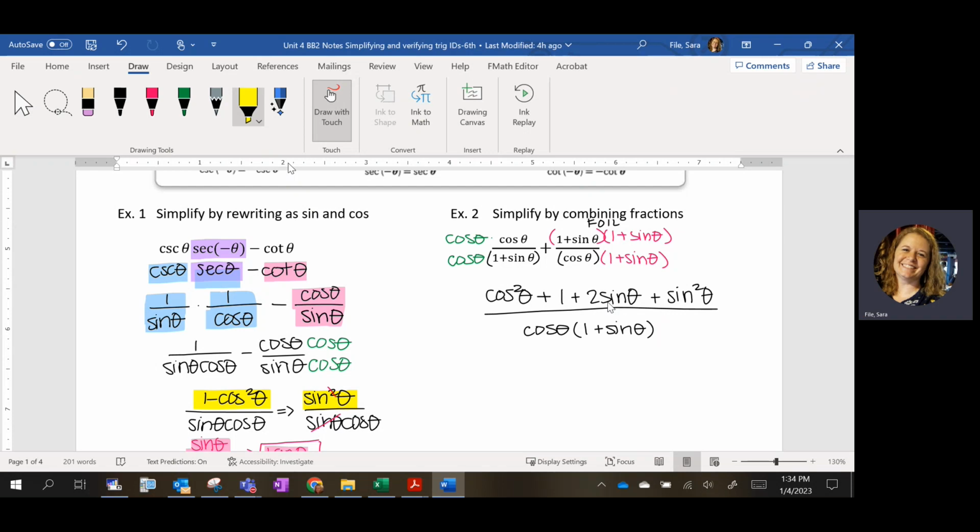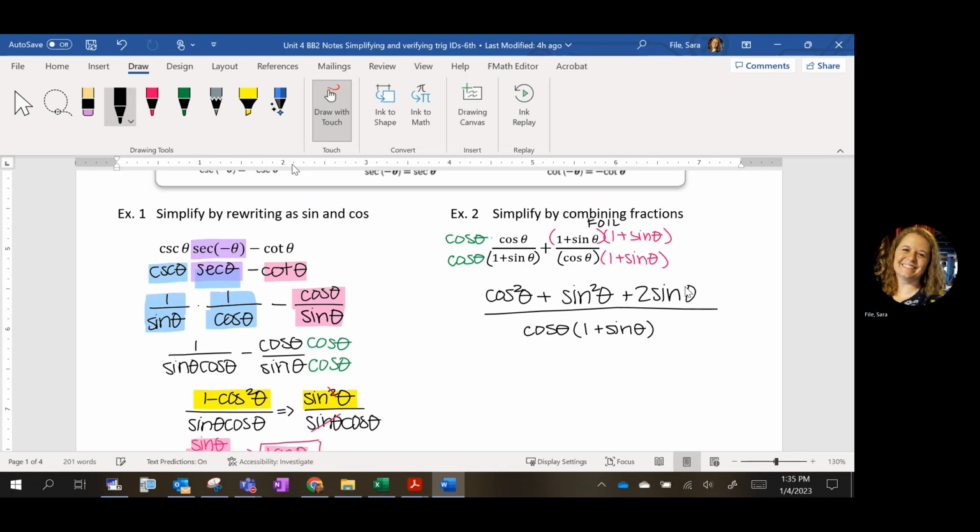I would only be able to factor out the sine from these two terms, though, not of the whole numerator, because they don't all have sine. What if I rearranged this? What if instead of writing it with the constant 1 and then the sine squared, I wrote it in the form we're used to seeing quadratic trinomials in, and have the sine squared first, and then the 2 sine, and then the 1. Does that help you see anything?